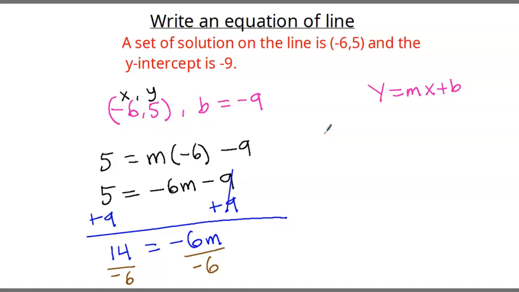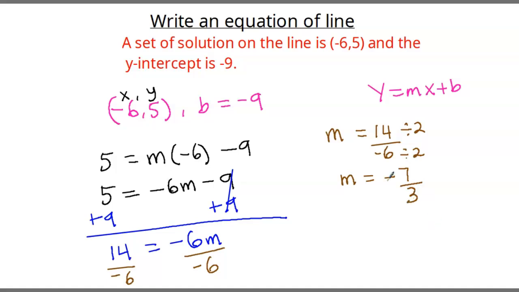I'm swapping it, so m = 14 divided by -6, which we can simplify a little bit. Dividing both the numerator and the denominator by 2, we get m = -7/3.